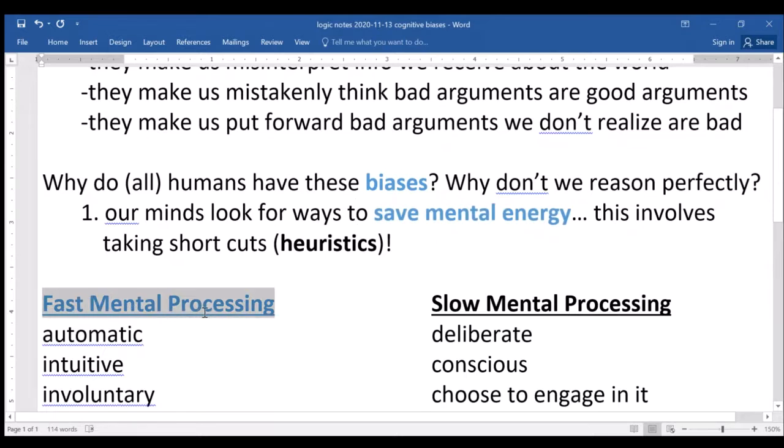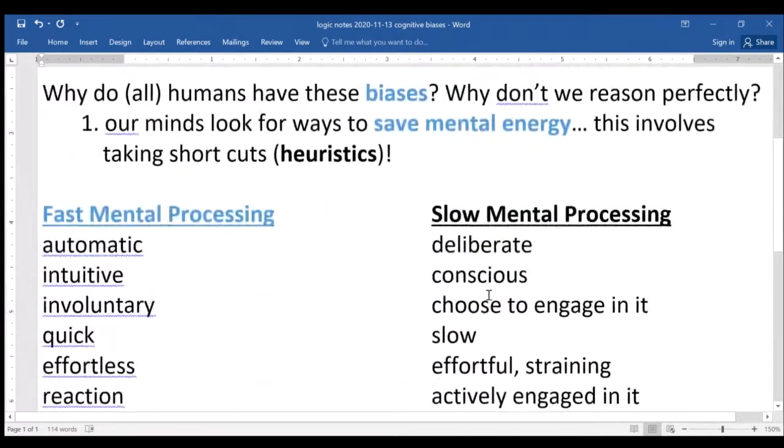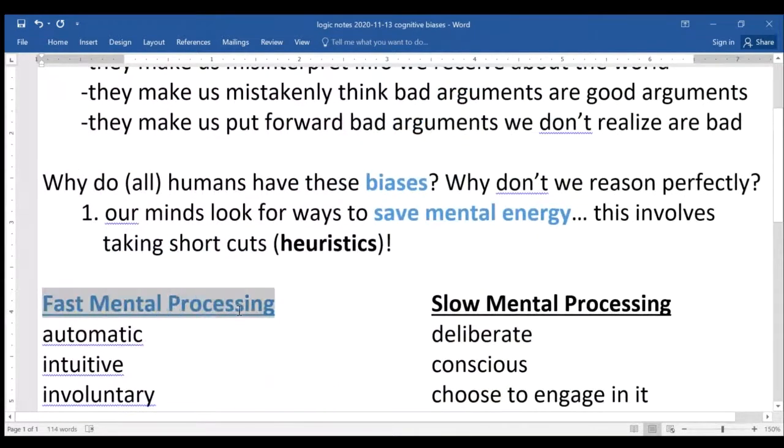So a lot of our cognitive biases are going to fall on the fast mental processing side of this balance. It's not that we're perfect with slow mental processing, but we are more reliable and more accurate when we slow down and carefully consider stuff. When we're on the fast side, we're getting answers almost given to us. They're not stuff we try to answer. They're just answers that appear to us.